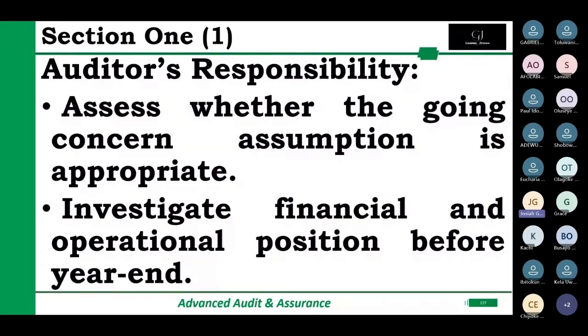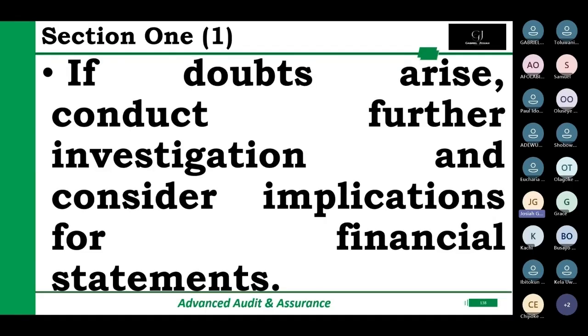So his responsibility is to assess whether the going concern assumption is appropriate and applied to the financial statements. He needs to also investigate the financial and operational position before year end on that company. The auditor also, if he doubts these issues, needs to consider investigating further and check the implications of these going concern issues on the financial statements.